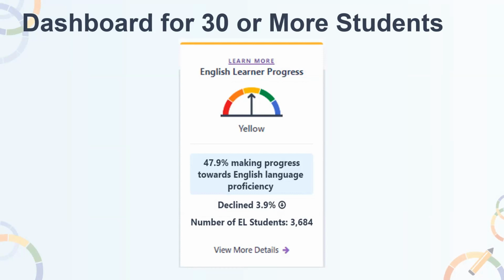The card shows an LP status rate of 47.9% and a decline of 3.9% from the prior year. The number of students, or N size, is 3,684. Additionally, any LEA or school with more than 30 students in the denominator is held accountable for differentiated assistance at the LEA level and the Comprehensive Support and Improvement, CSI, and Additional Targeted Support and Improvement, ATSI, at the school level.